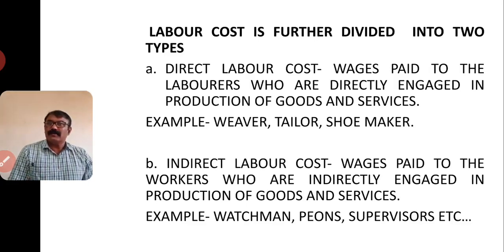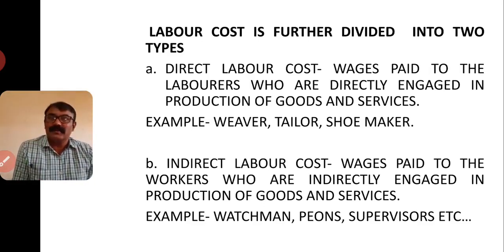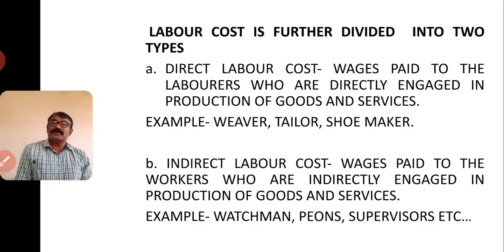Then what about the indirect labor cost? Indirect labor cost is wages paid to the workers who are indirectly engaged in production of goods and services. Who are those persons? Indirectly they are supporting the production of the direct laborers, like watchman, peon, supervisors, or the back office bearers.